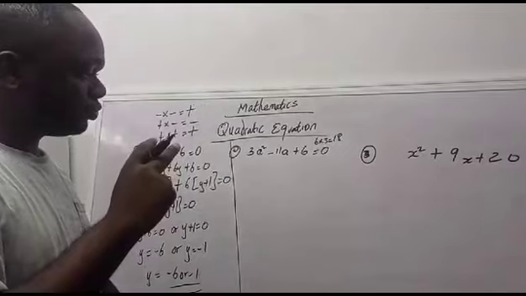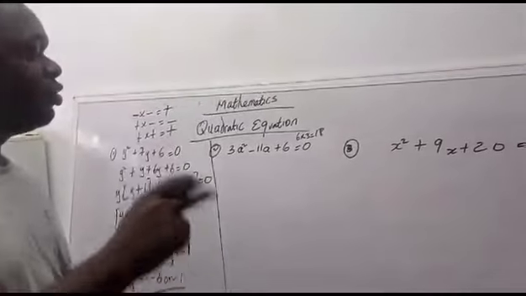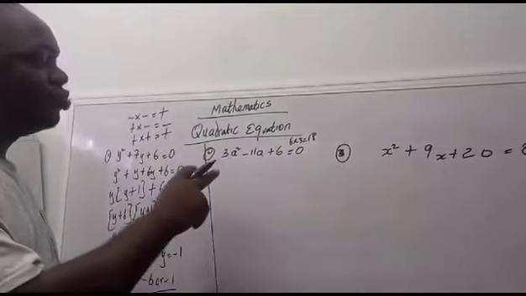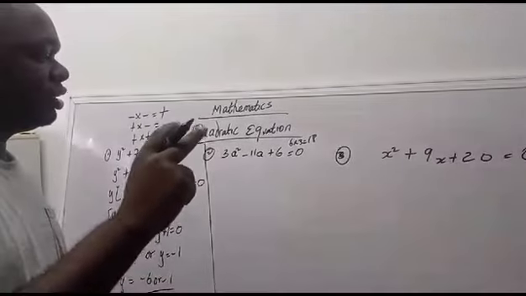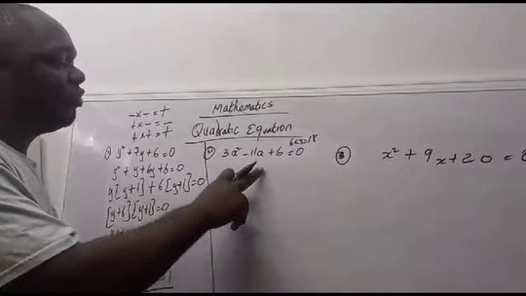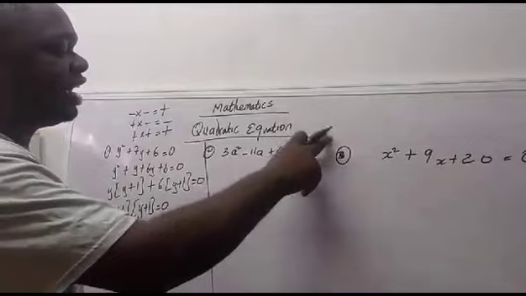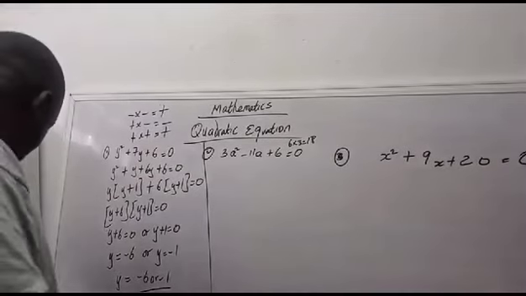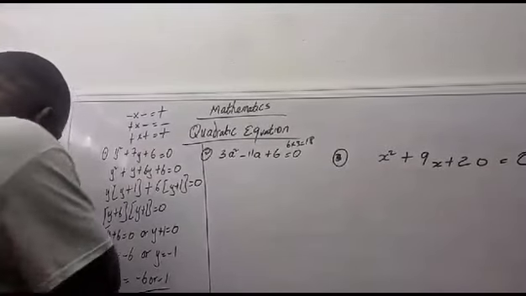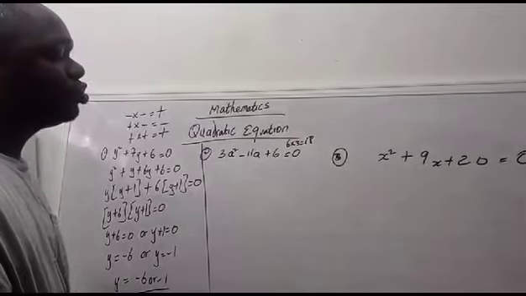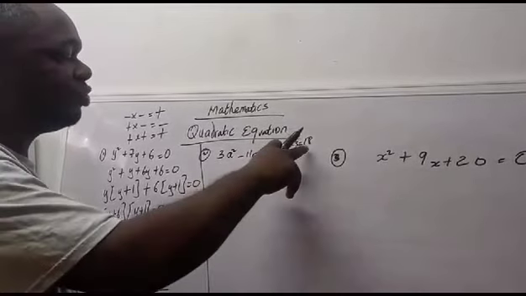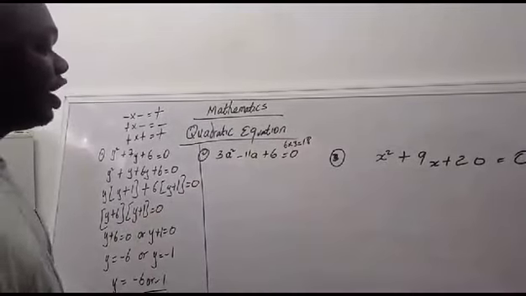So I'll be using 2 and 9. Okay? 2 and what? 9. If you do 2 times 9, it gives you 18. 2 times 9 will give you what? 18. Okay.